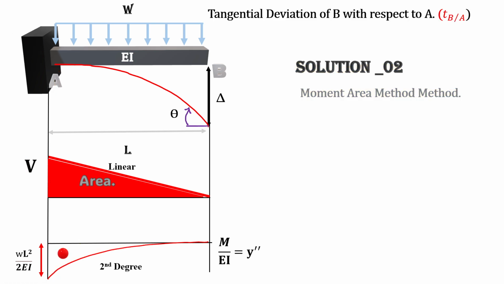And for calculation of delta, or maximum deflection, you can easily see the downward travel of the free end B, that's delta, and that's equal to the tangential deviation of B with respect to A. We call it TBA, and that's the second moment area theorem. It says the tangential deviation of B with respect to a horizontal line passing through A is equal to the maximum deflection.